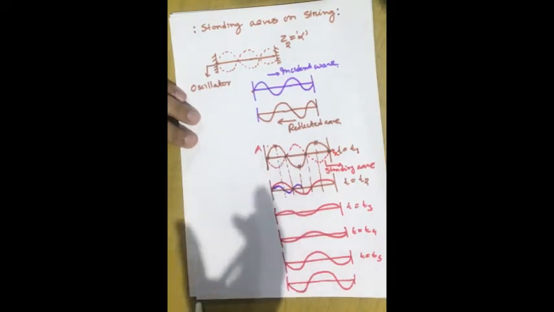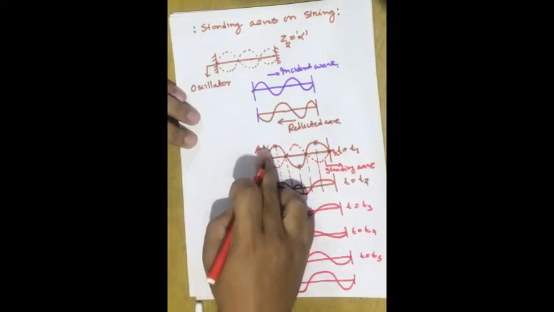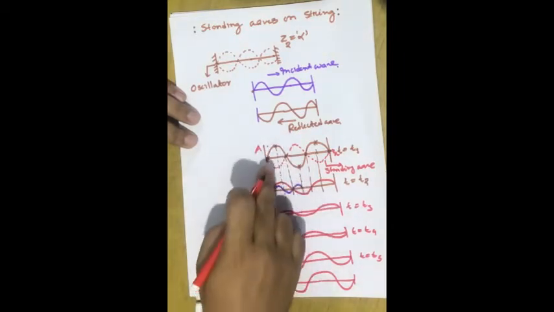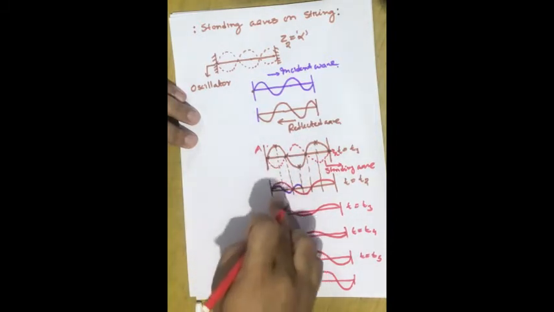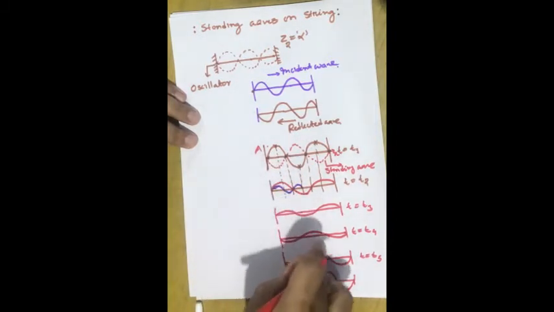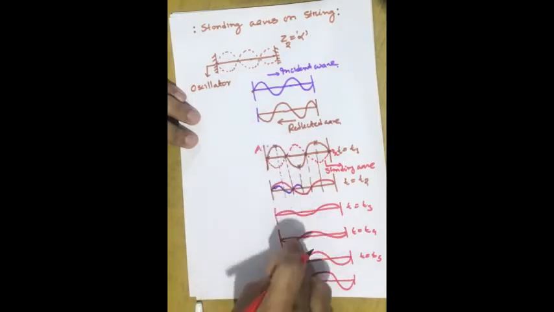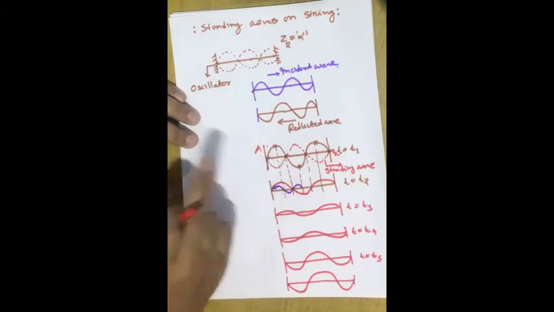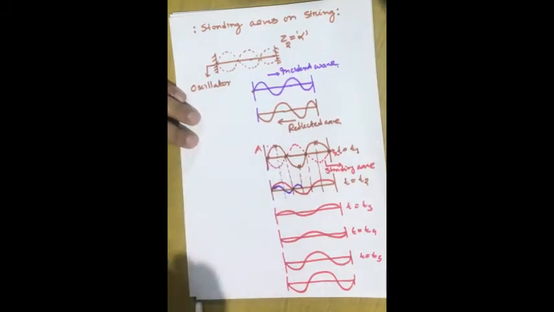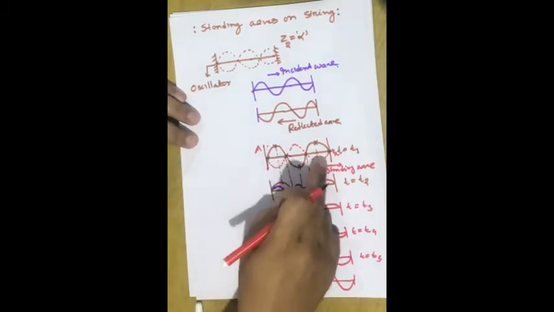And when you observe for a certain duration of time, what you may observe is such an envelope generation on the string. In this way, with respect to time, this pattern will change, and it changes so quickly that in real life what you will see is a standing wave.